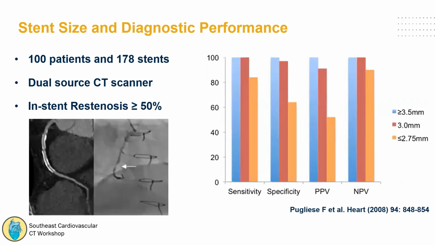This slide reinforces the importance of stent diameter. Larger stents maintain excellent sensitivity and specificity, while smaller stents become progressively more difficult to evaluate because blooming occupies a greater proportion of the visible lumen. This is why conventional CT performs best for stents that are, again, at least 3 millimeters in diameter.